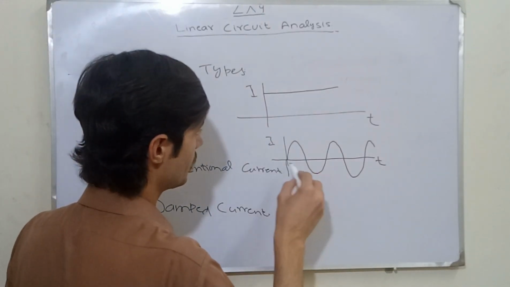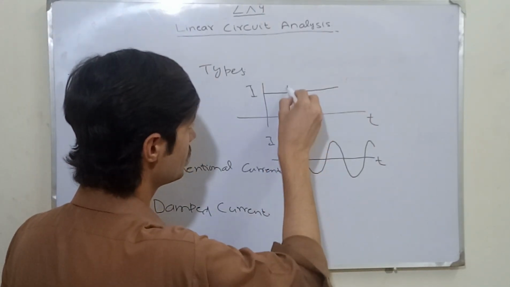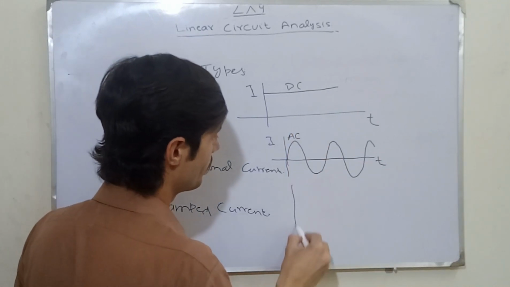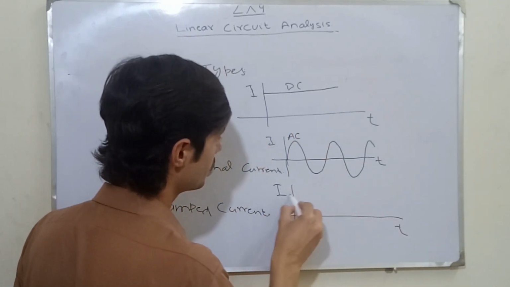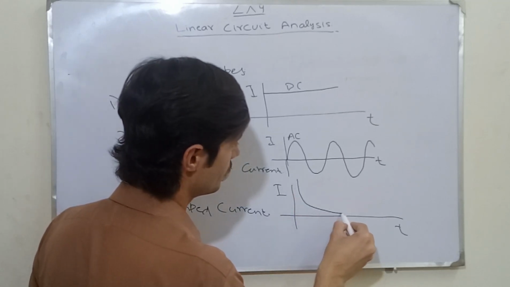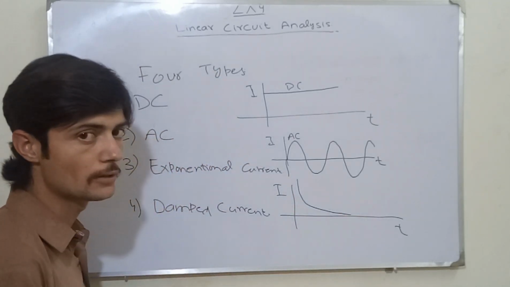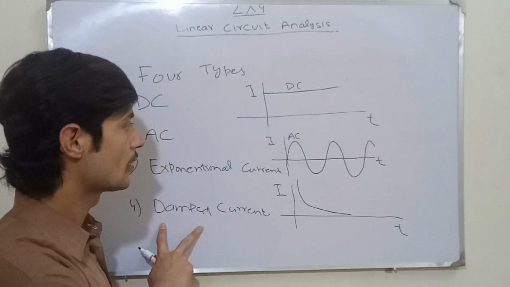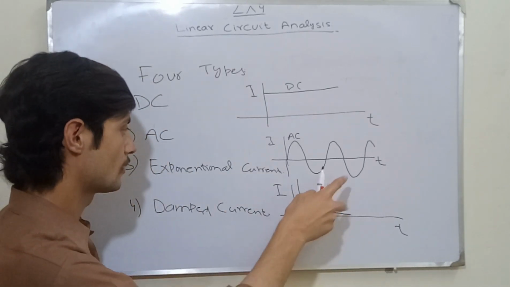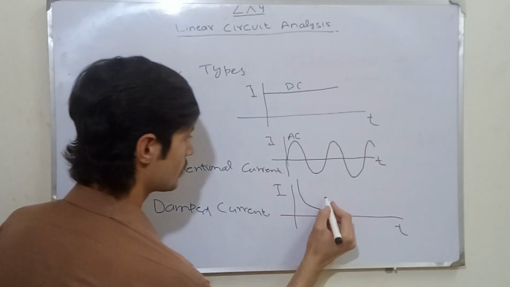When we plot exponential, this is AC, this is DC. Exponential current we can draw as this. Basically, the damped current is a combination of these two currents, exponential and AC.